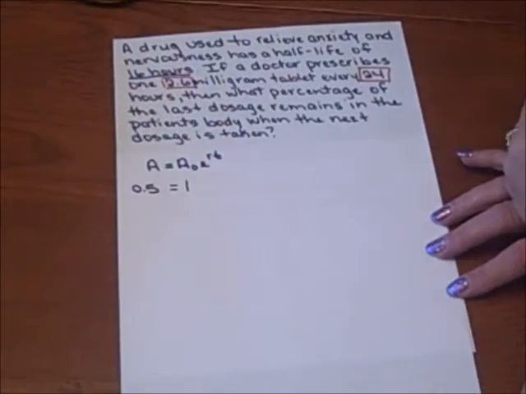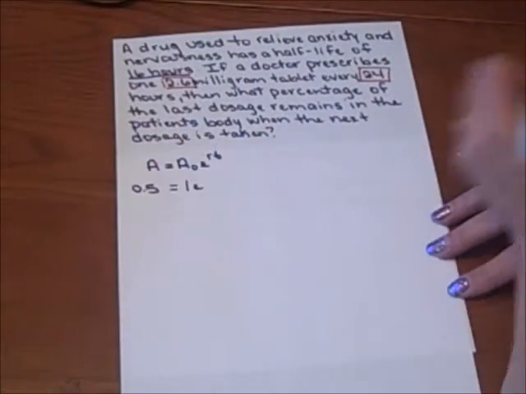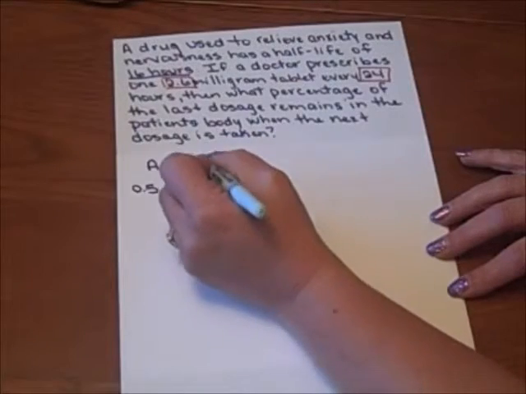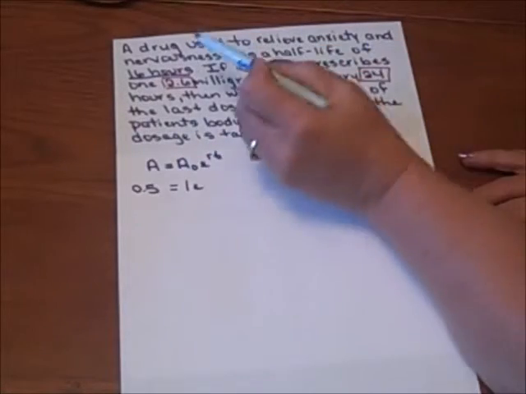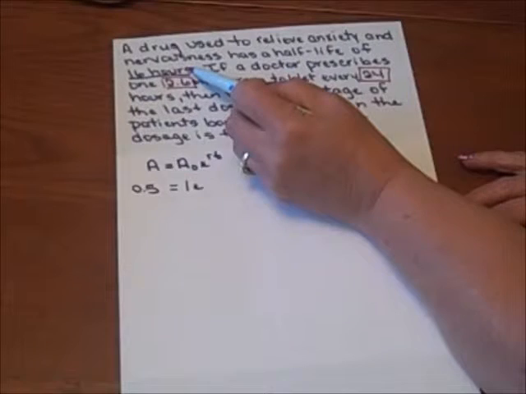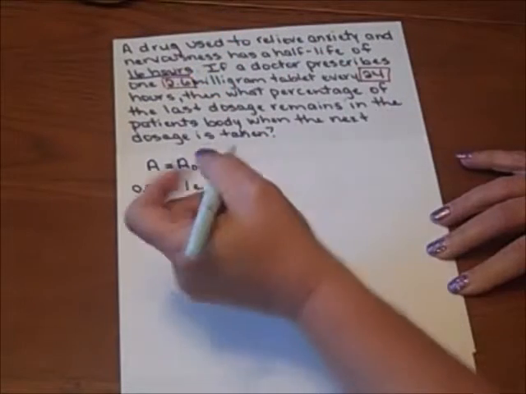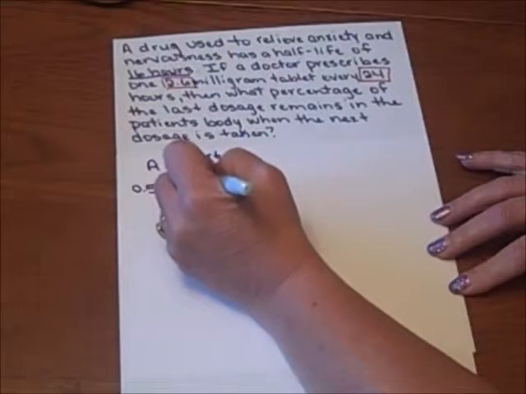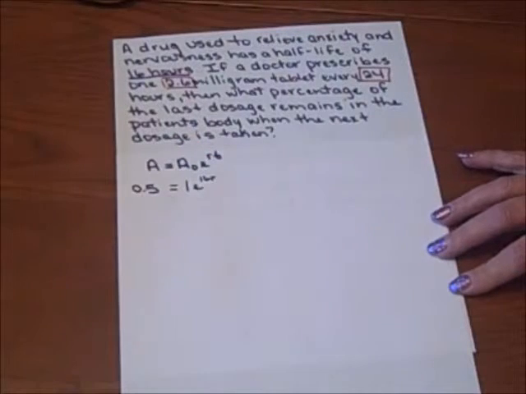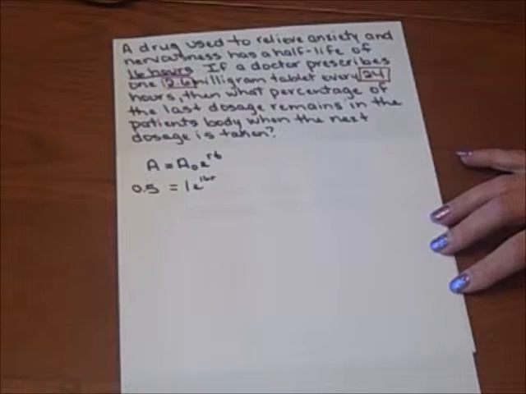We start with 1 gram, plug in e. We're looking for r, but we do know that time, in this case half-life time, is 16 hours. So time is 16 times r, because that's what we're looking for.